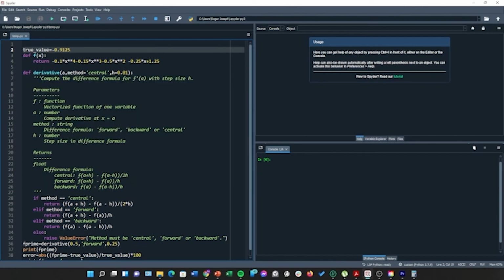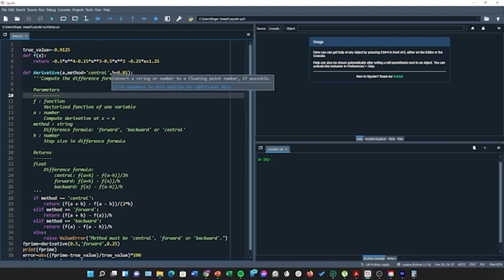I also define a derivative function which will give the computed derivative at x equals a, with a method that can be central, forward, or backward. Our default method is central.